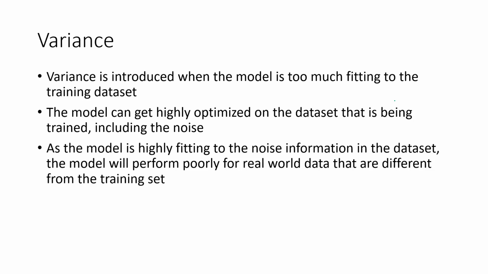It would not only capture the more significant relevant information, but will also try to absorb the lesser significant information as well. In most cases, the lesser significant information is related to the noise. So that is how the variance badly affects you when you have a very complex model.